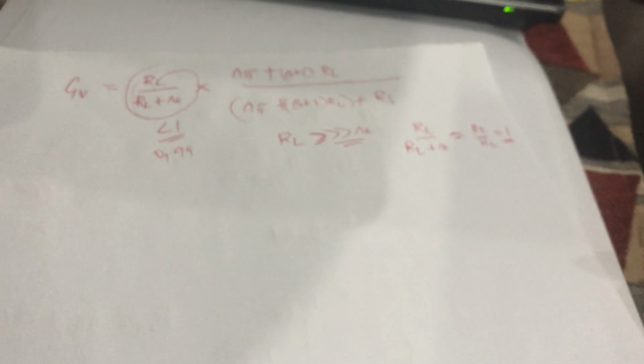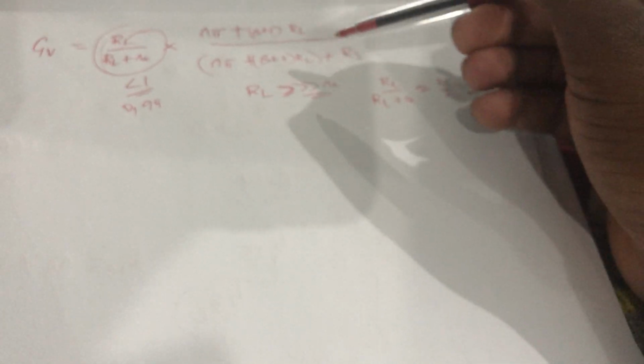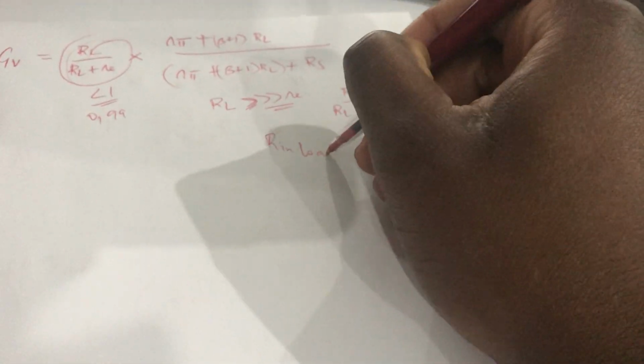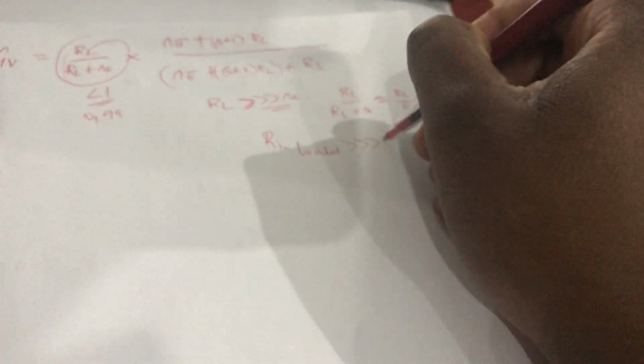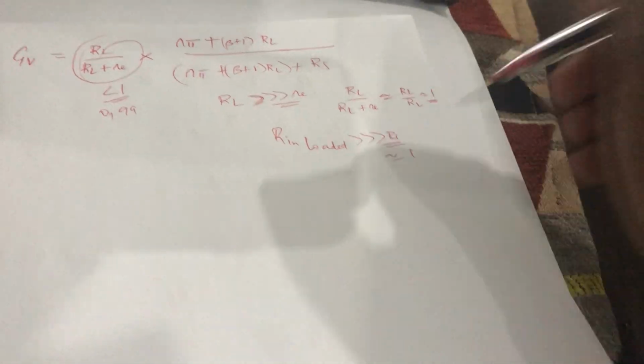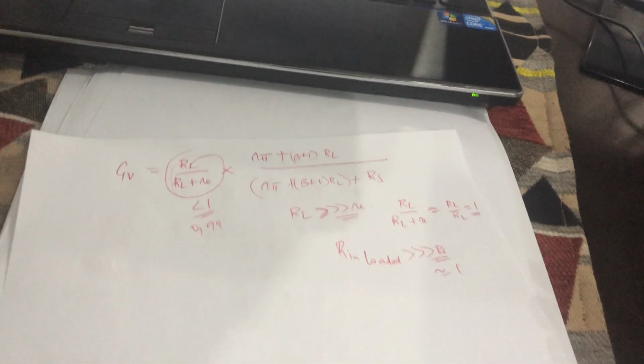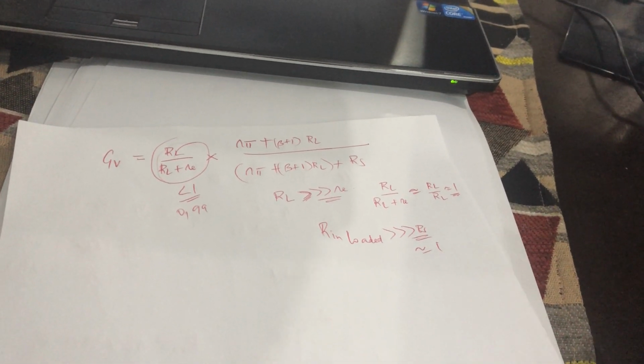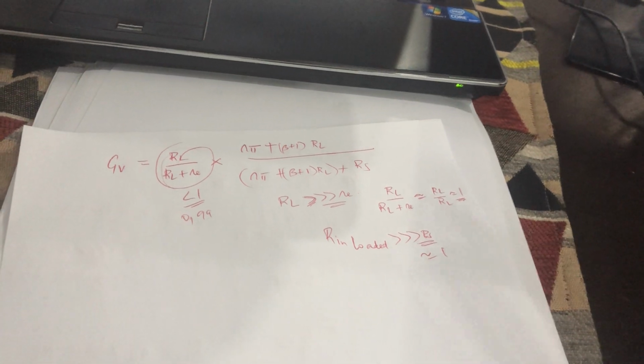The same applies to the second part, which is also this component, in the assumption that R in loaded is very much bigger than RS, then that will also approximate 1. So the fully loaded gain of a common collector amplifier is also almost 1, but slightly lower than 1.